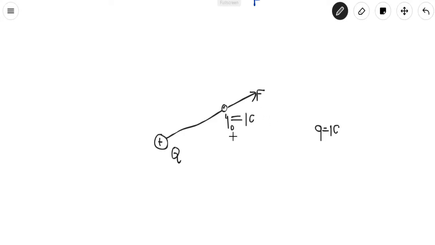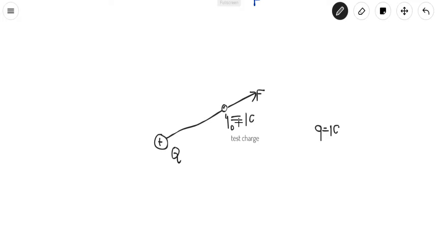This is called the test charge. So for simplicity, just imagine what electric field is: the electric field at any point is the force on a unit positive charge.